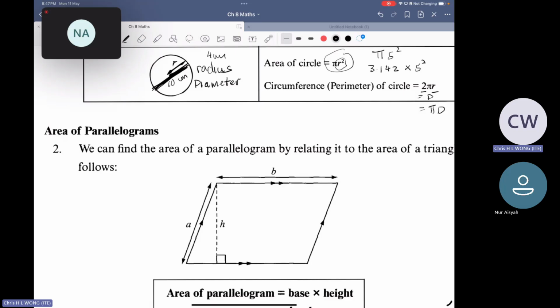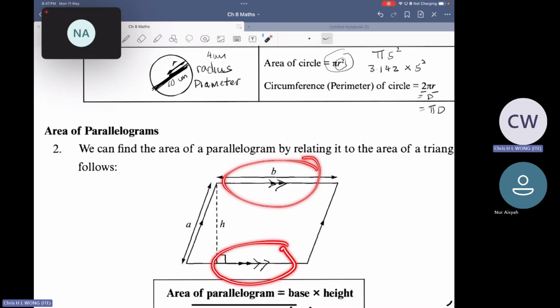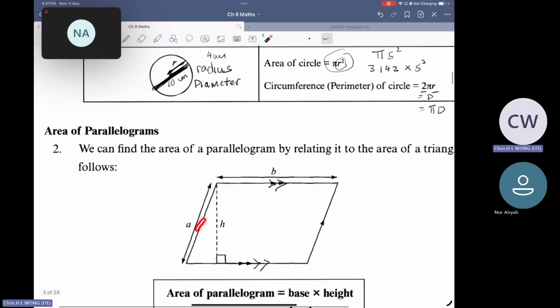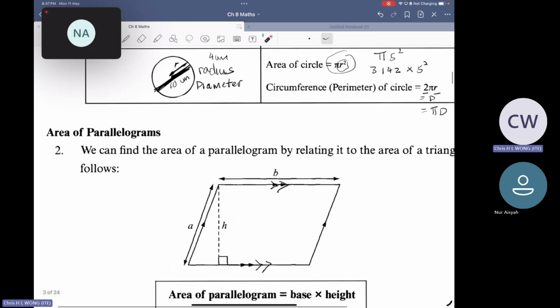Let's say if I draw 2 arrows here and 2 arrows here, it means this is parallel to this. You notice I only have 1 arrow here, 1 arrow here, it means this is parallel to this. So you cannot have 2 arrows everywhere. They are not right.